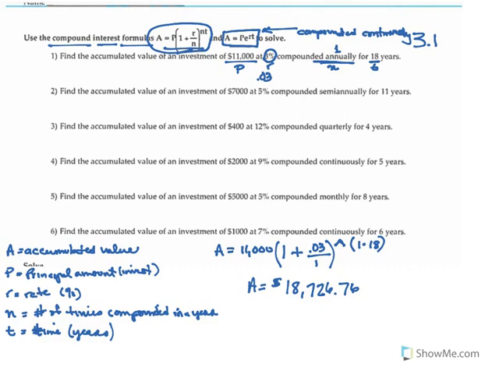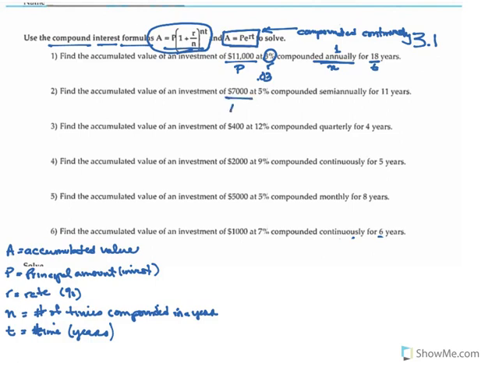All right, so let's do another one. Number 2 has find the accumulated value of an investment of $7,000, which is our P, 5%, which is R, compounded semi-annually. So this is our N. How many times a year is semi-annually? It means twice, for 11 years, which is the T. So when we substitute it in, we're looking at 7,000 times 1 plus 0.05 over N, which is 2, raised to the 2 times 11.